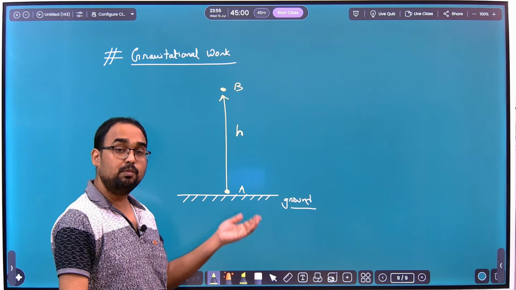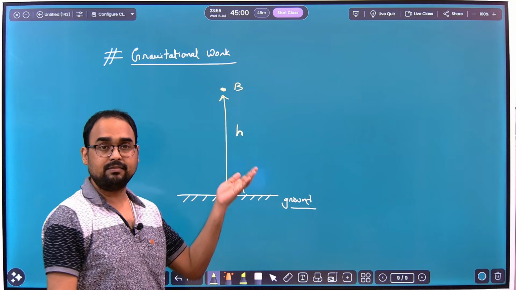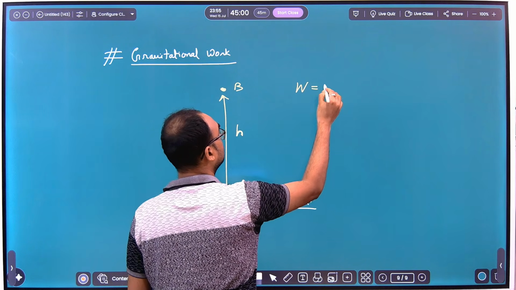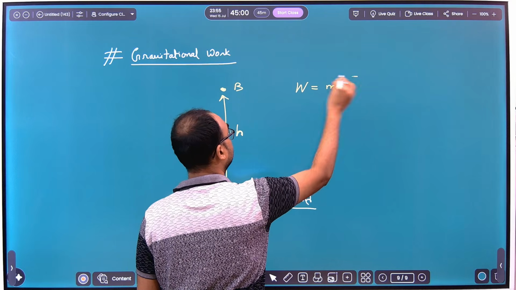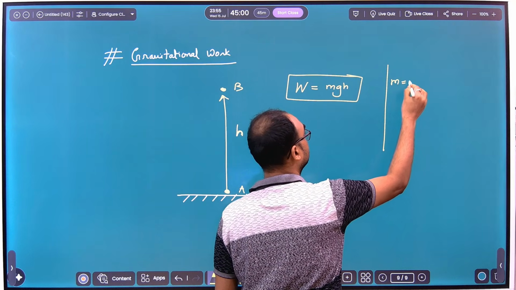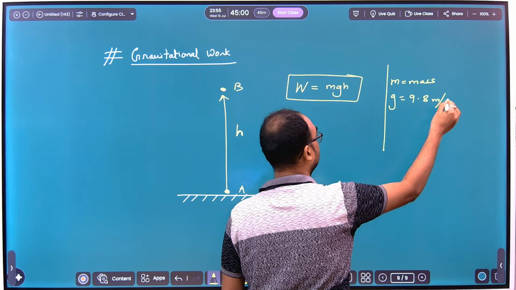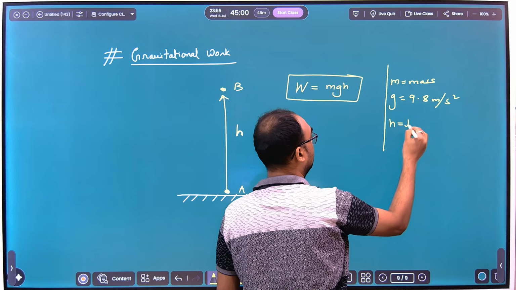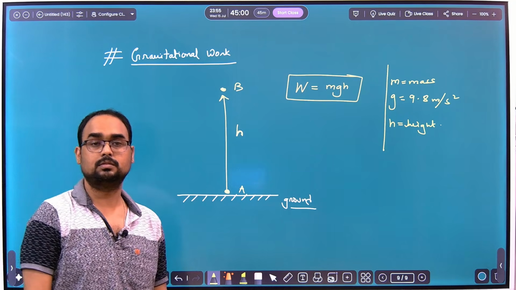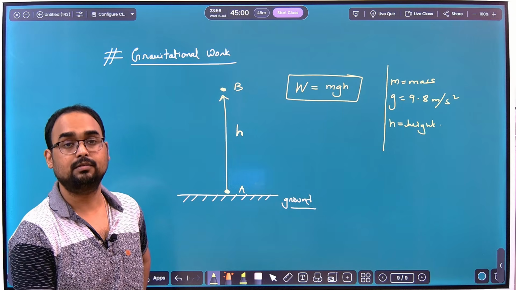So you are moving against gravity. In this case, work done is equal to mgh. What is m? m is the mass. g is 9.8 if you are taking it in the SI system, and h is the height. That is the work being done against the force of gravity.